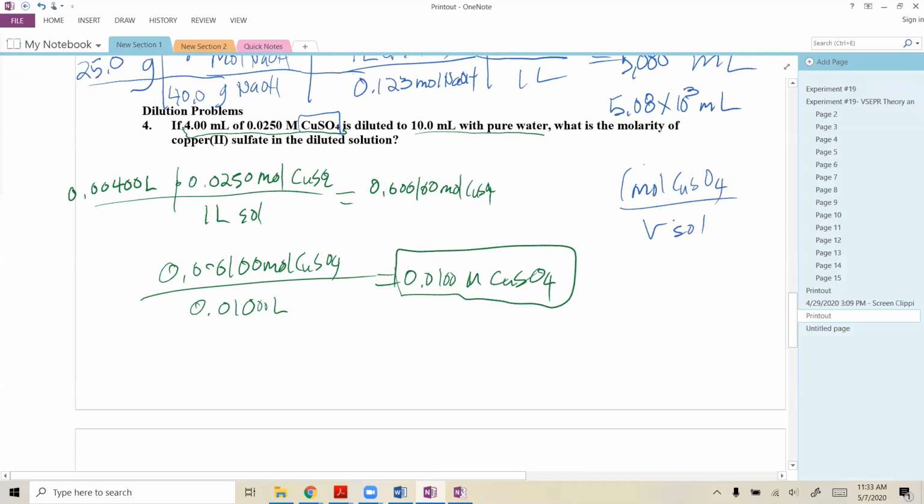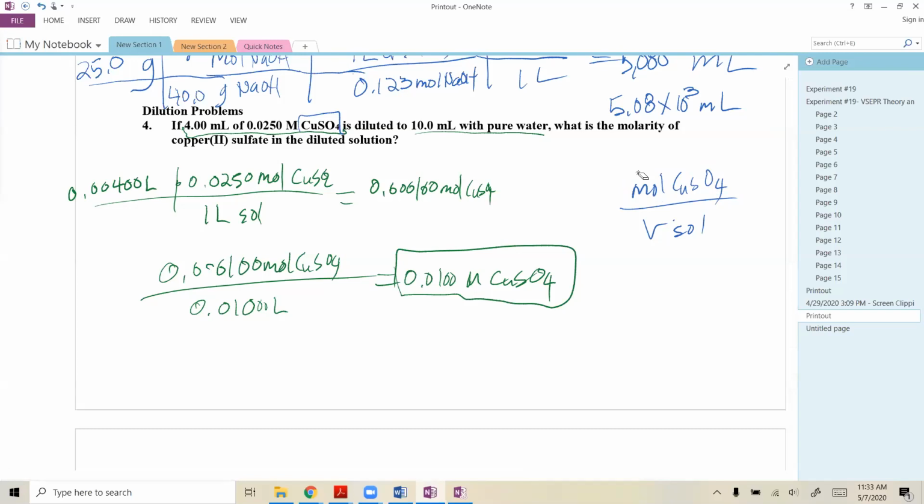And we should see that this would be equal to the moles in that first solution. So we could have used M1V1 equals M2V2 because those 2 values were the same.